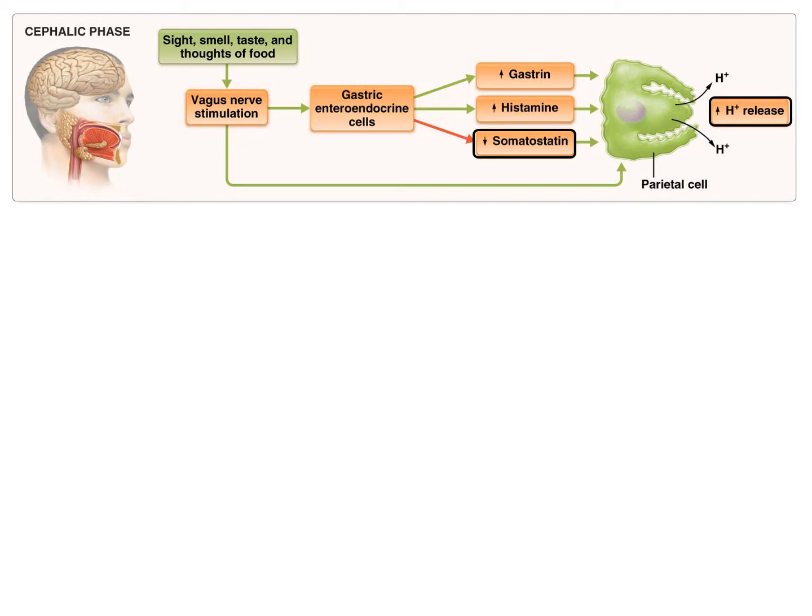So in the cephalic phase, there are 4 ways for hydrogen ion secretion to increase from the parietal cells: directly, through gastrin, through histamine, and through a decrease in somatostatin.